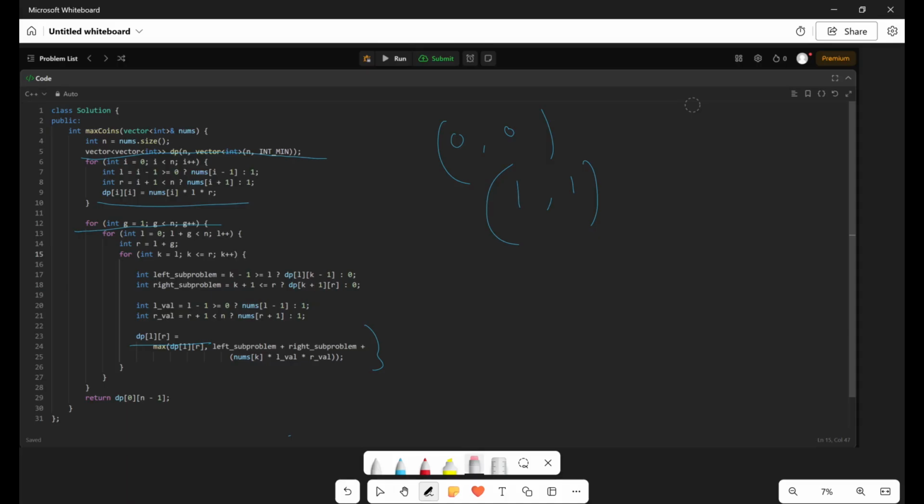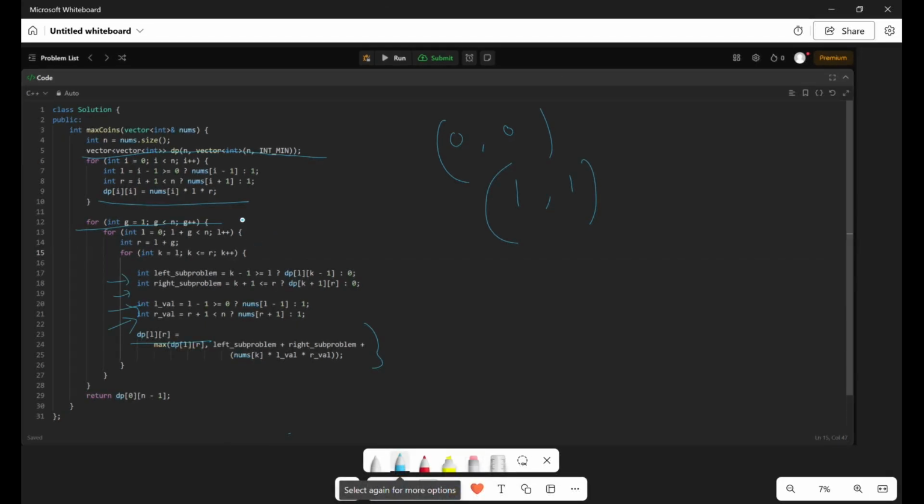Now let's see the time and space complexity of our solution. So the time complexity of this solution would be O of n cube. Since our dp vector has n square states and our kth loop would be running for n times, the total time complexity comes out to be n cube.